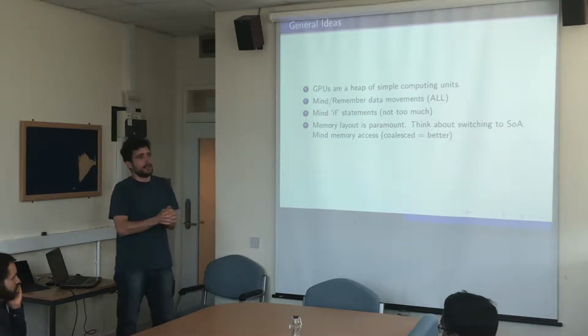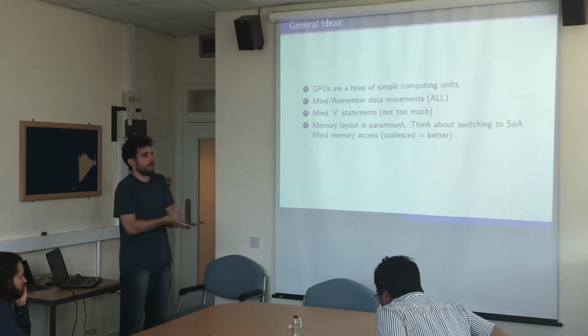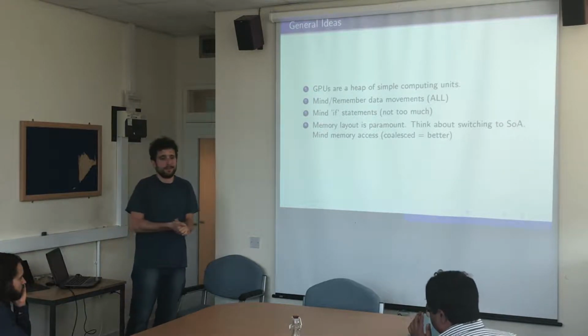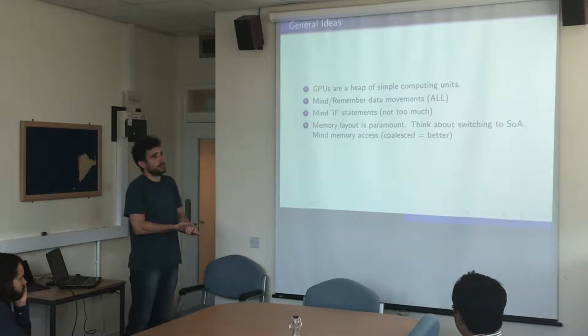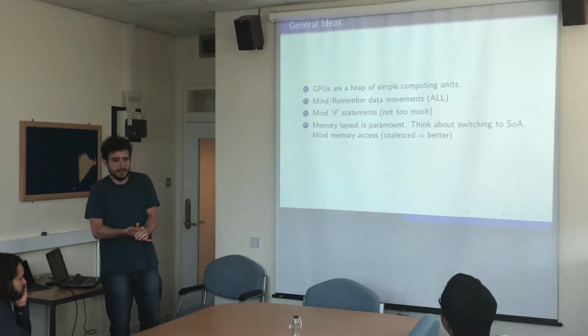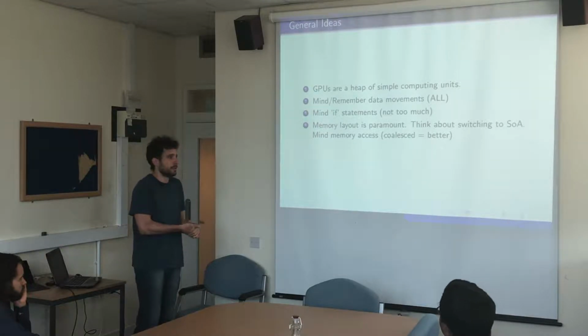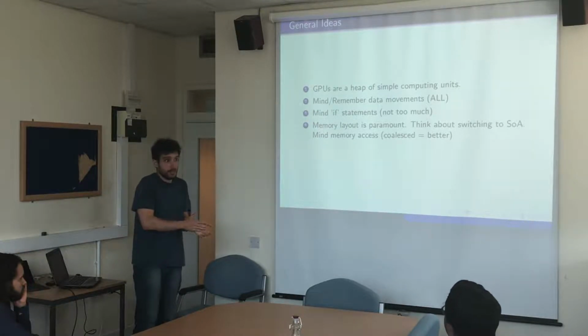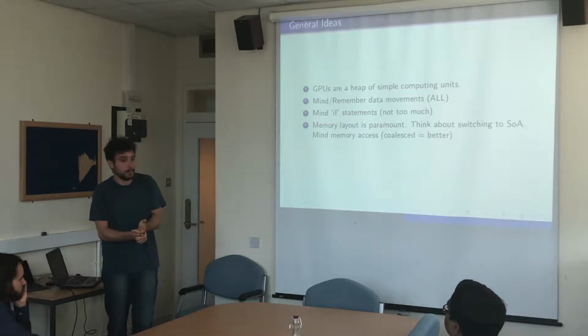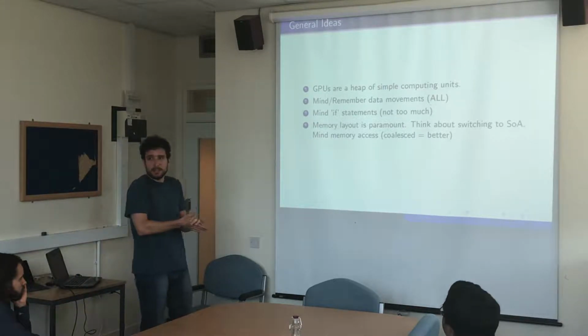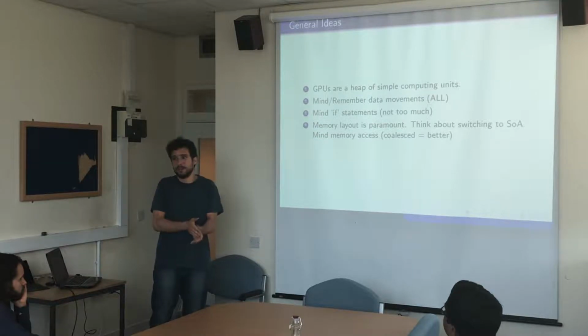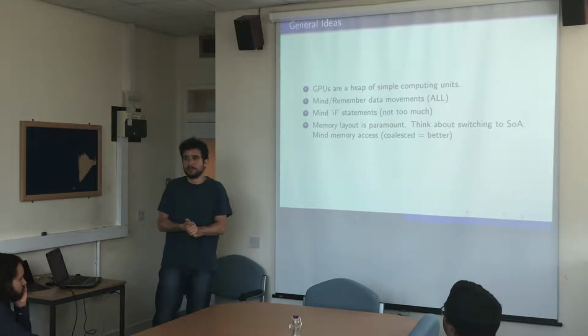Also, the problem of usually porting applications to GPUs is that the memory layout needed to get good performance is usually different from the one you would have on a CPU. Things are possibly converging in the future because of the vector length on CPUs, which is increasing.